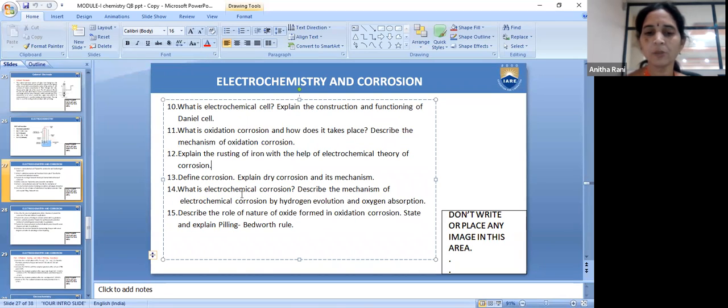Students, what is electrochemical corrosion? When metal is exposed to moisture conditions, there will be formation of an anodic area and a cathodic area on the surface of the metal.